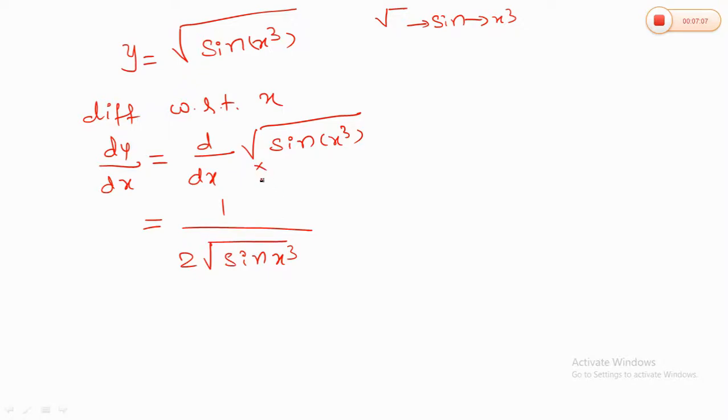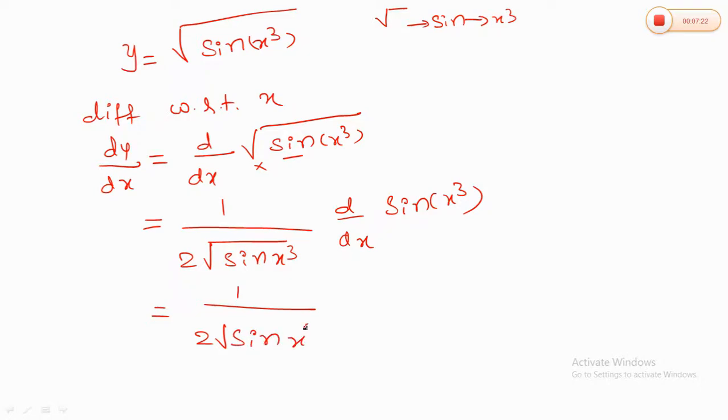After finding the derivative of root, go for sine, d by dx of sine x cube. So this equals 1 upon 2 root sine x cube, this into, so again it is a composite. First differentiate sine. The derivative of sine is cos x cube. Then find d by dx of x cube.